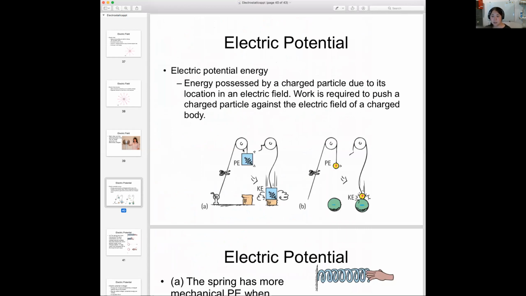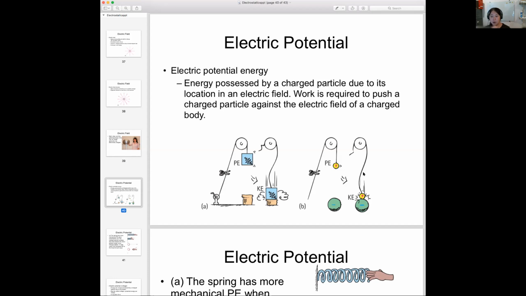If you have a pillar suspended by the rope, being up high, it has higher gravitational potential energy. And when it's cut, the gravitational potential energy will be converted into kinetic energy. So the loss of gravitational potential energy is going to be the increase in kinetic energy.